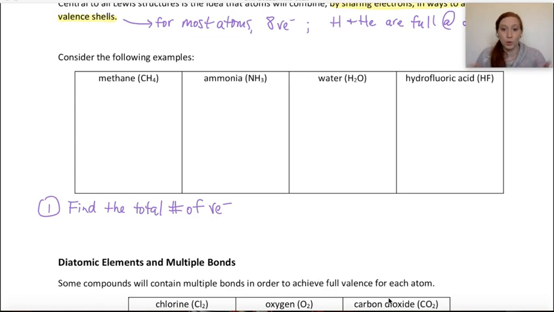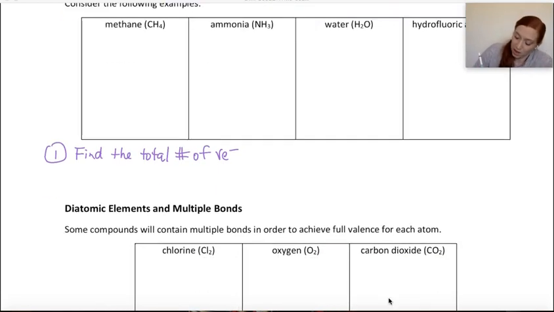We're going to use all of those together to come up with our structure. Then we want to determine the central atom, or our center atom.